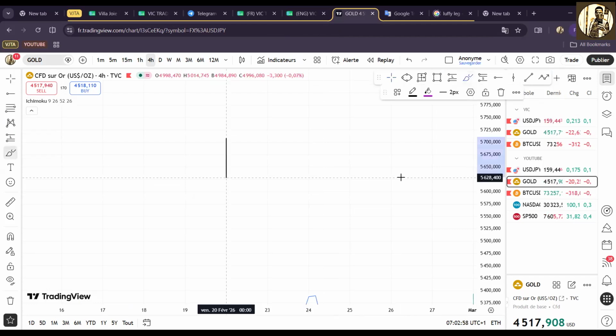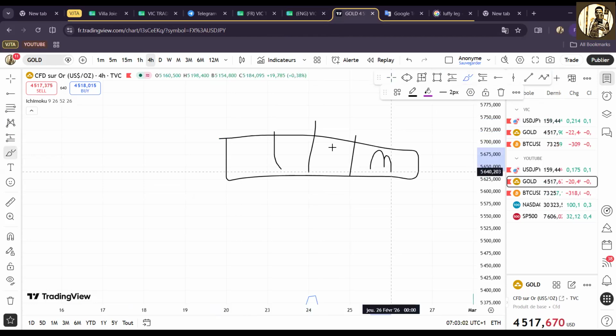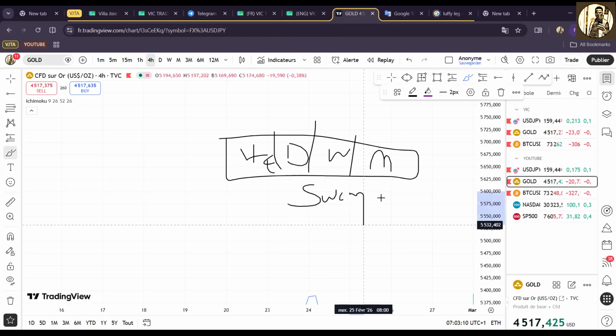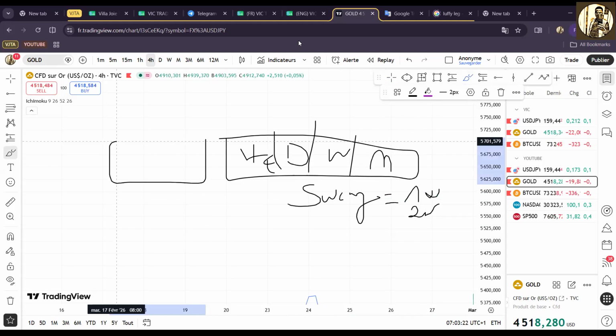Like, for example, I told you that the monthly time frame, the weekly time frame, the daily, and the H4 time frame are the swing. Swing trading is about holding a position for 1 week or 2 weeks minimum, right?